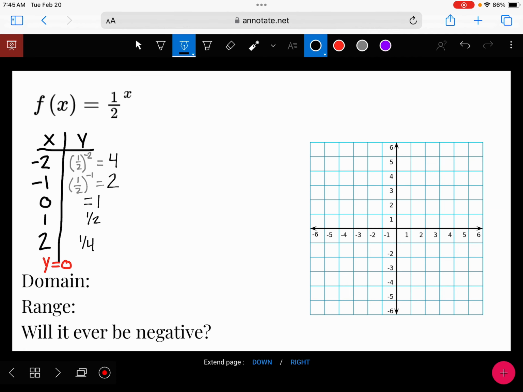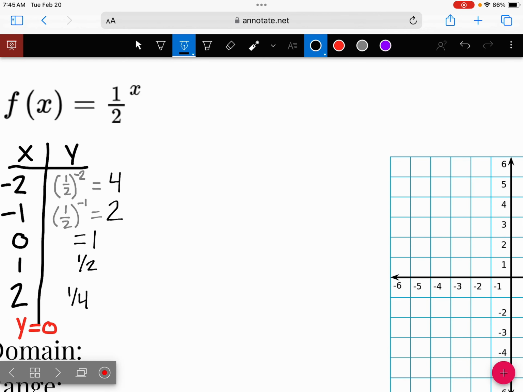So if we look really carefully at these values, they're really, really close to other values we've seen. It is, in fact, almost identical to our 2 to the x if the x's had the opposite sign. And that's exactly something you can do.